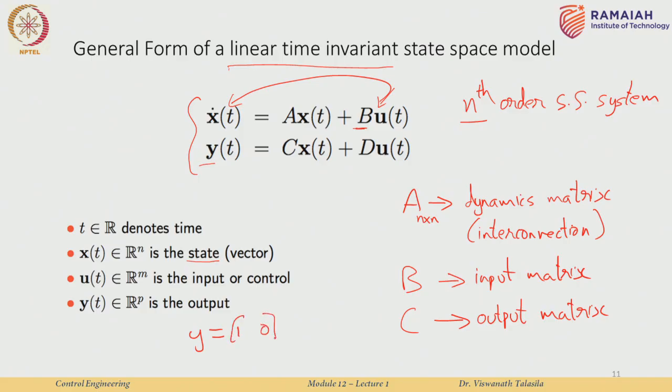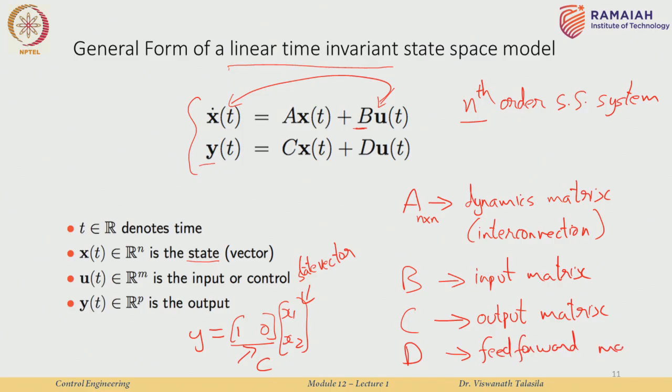So, we had an output matrix like this, where x1 and x2 is the state vector, and this particular row was actually the C. So, C is the output matrix. We are not going to be dealing with the matrix D. D is called the feed through matrix, the feed forward matrix, and we will not consider that here.